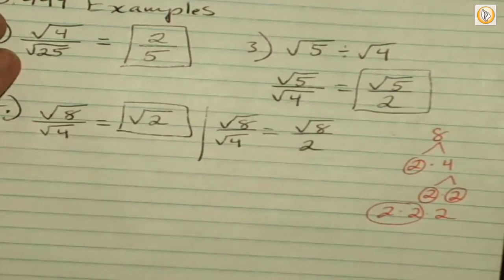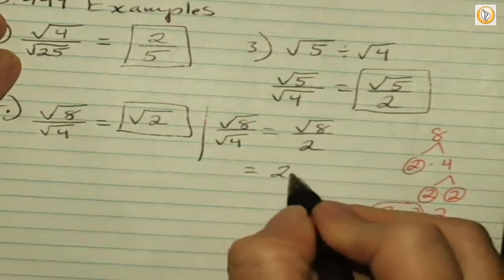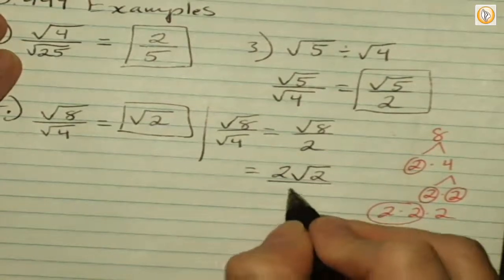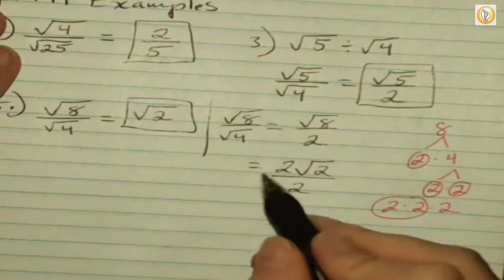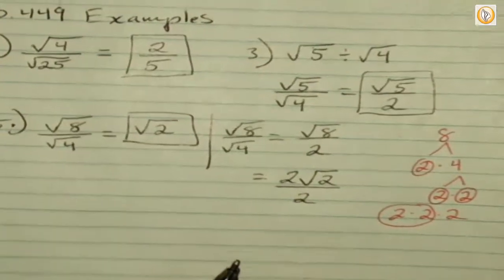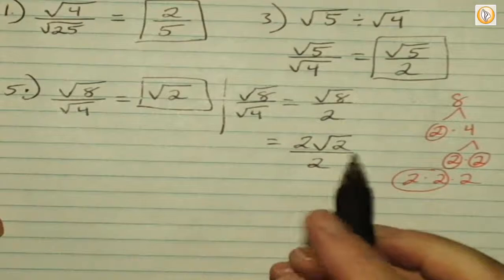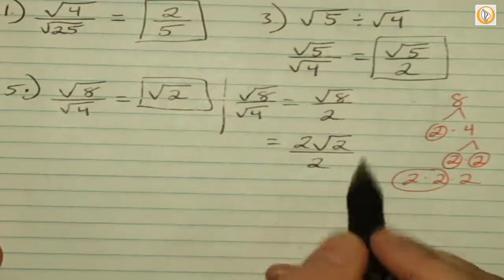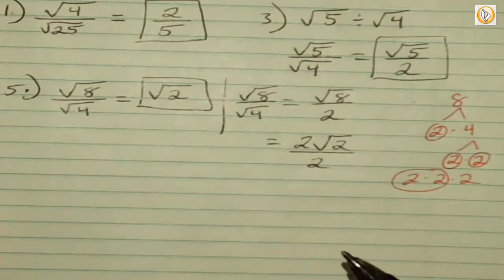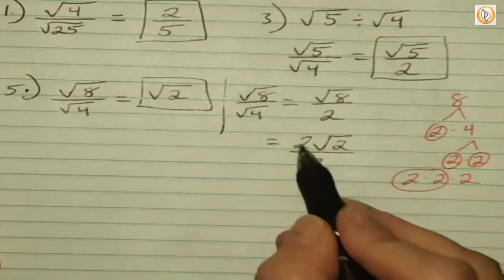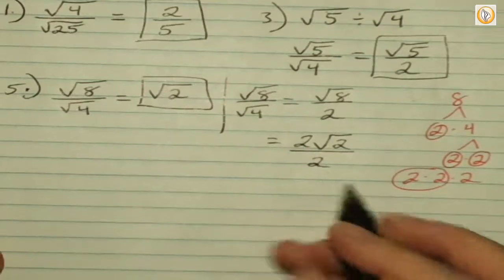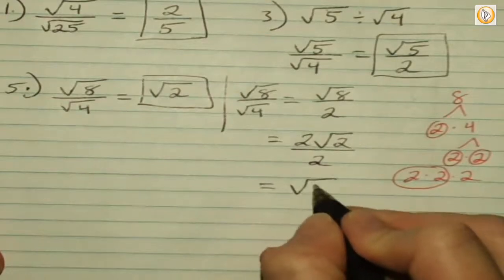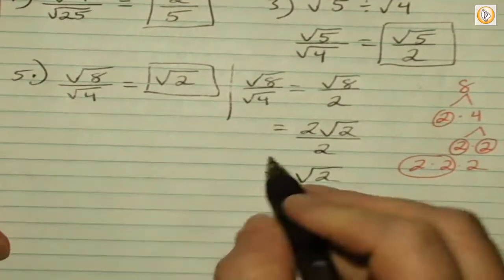So then now my answer is 2 times square root of 2 divided by 2. Now Miranda, y'all should be writing this down. Now look at this. Can I simplify this any further? 2 divided by 2 is 1, so you're basically left with that. Same answer.